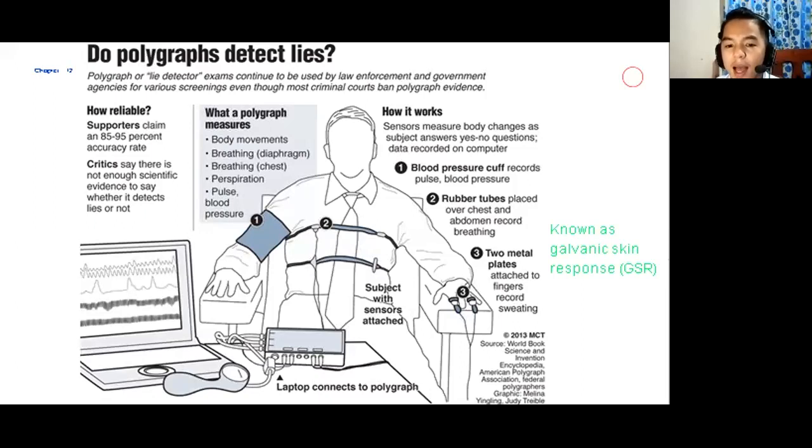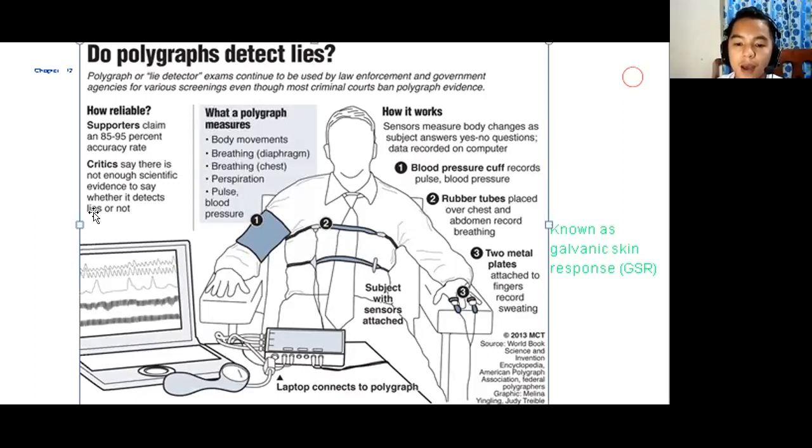So how do polygraphs really work? This illustration presents three functions of a polygraph. First, it measures blood pressure, in which a blood pressure cuff is placed on the arm of the person, and it records the pulse and the blood pressure.